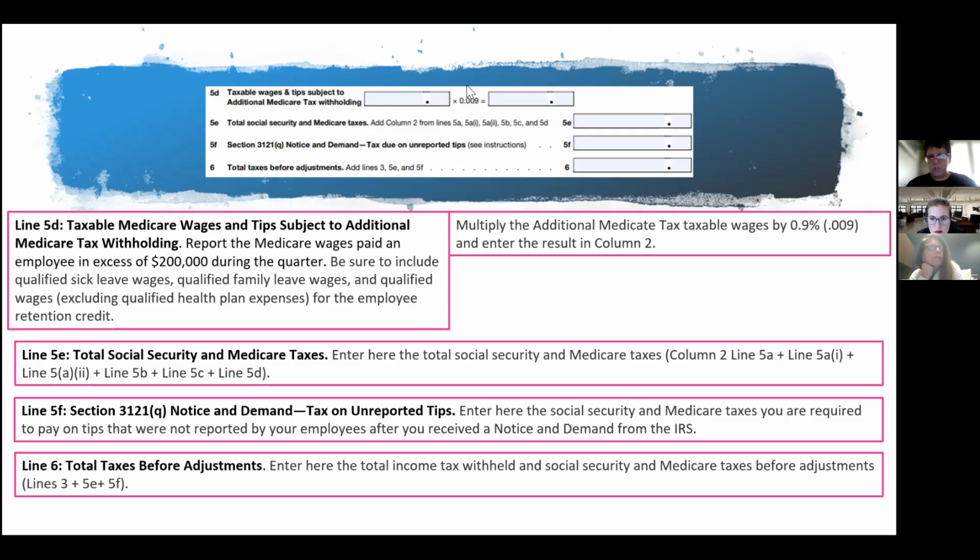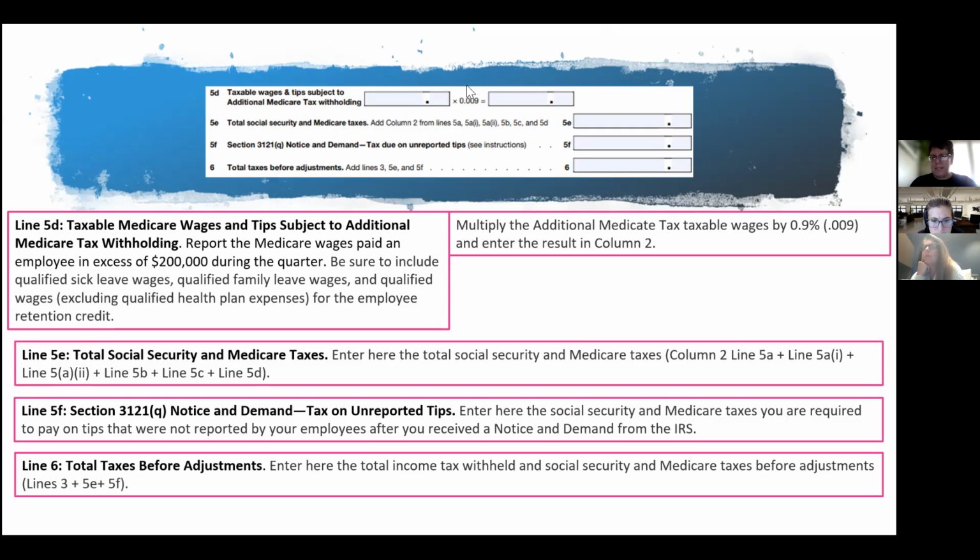If they don't report those tips and taxes haven't been reported on it, and somehow the IRS finds out about it, the IRS will send back to the employer a notice and demand for tax on unreported tips. You pay for it, and however much you've paid during the quarter is what you enter on line 5F from that notice and demand that you got.